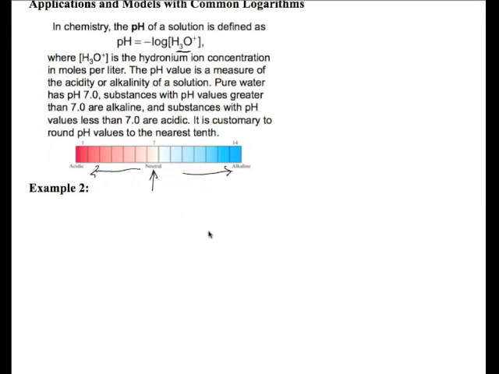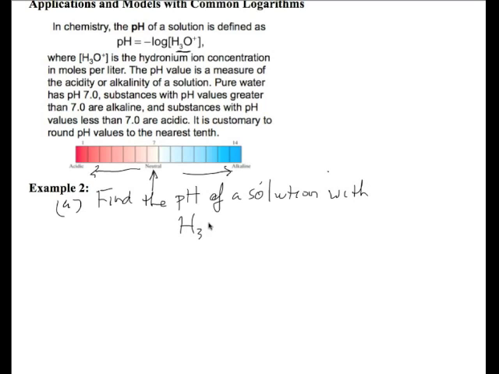Let's do an example of this. Let's suppose that we want to find the pH of a solution, part A, with the following number of hydronium moles equal to 6.8 times 10 to the negative 8.